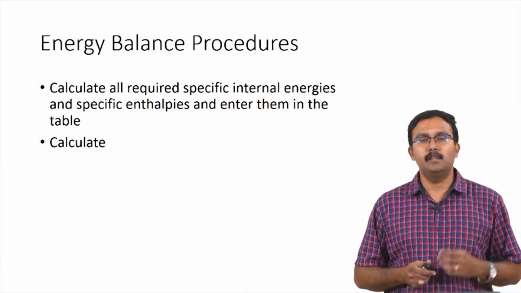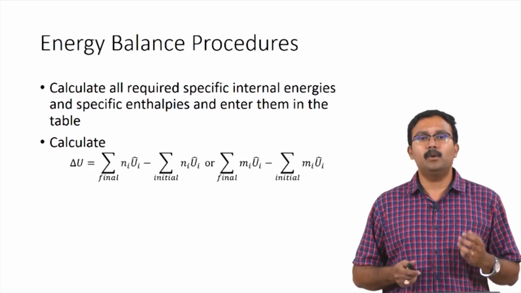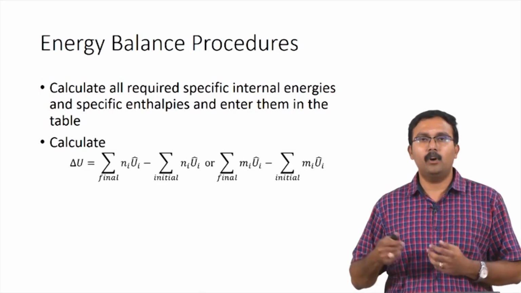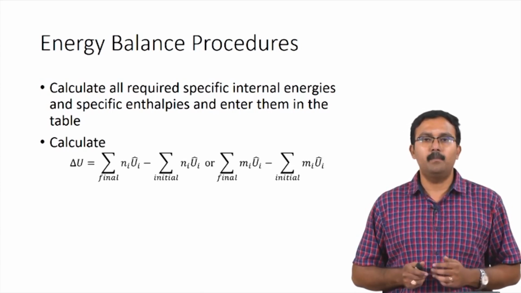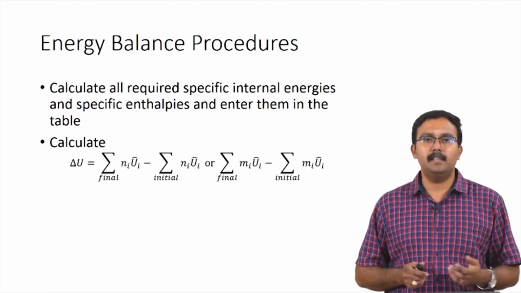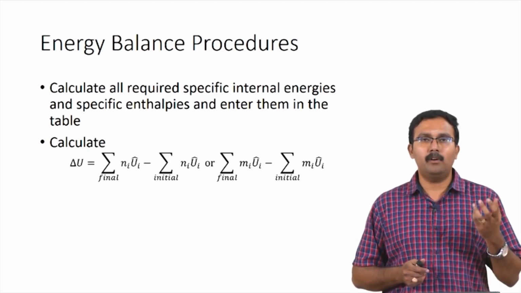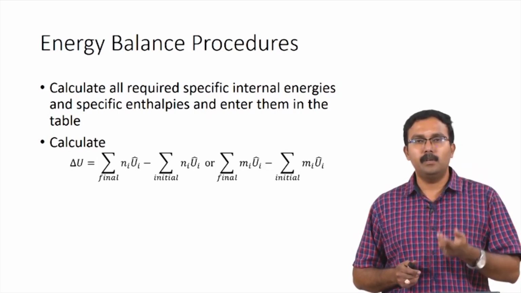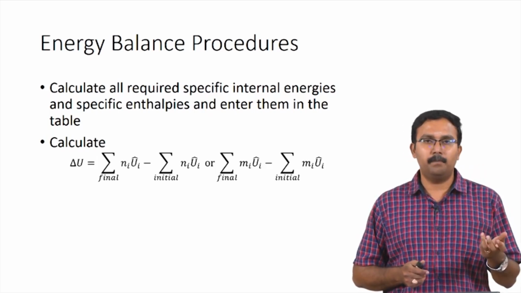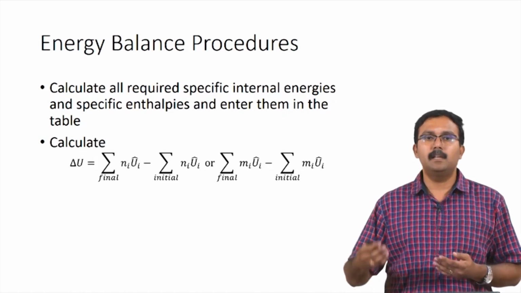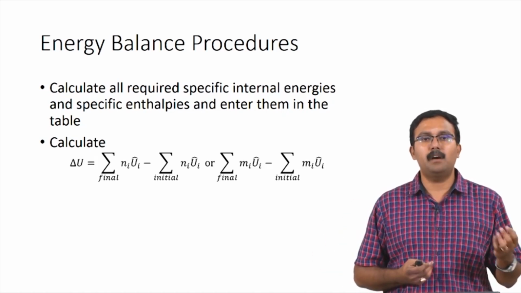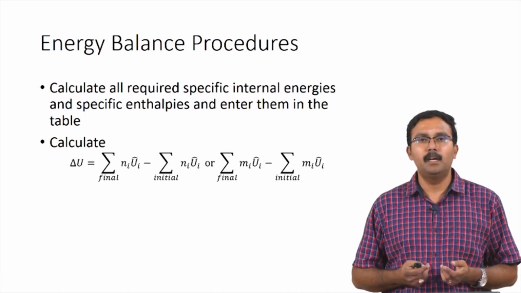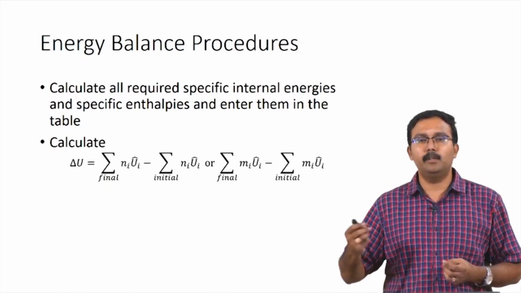Once you have this, you would have to calculate the total change in internal energy or enthalpy. So, this would be the formula you would use. Total change in internal energy would be sigma of the internal energy changes associated with individual components of the final condition minus the similar thing for initial condition, which is sigma final Ni ui cap minus sigma initial Ni ui cap.